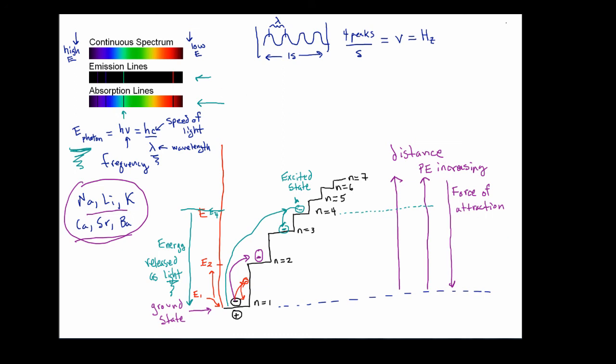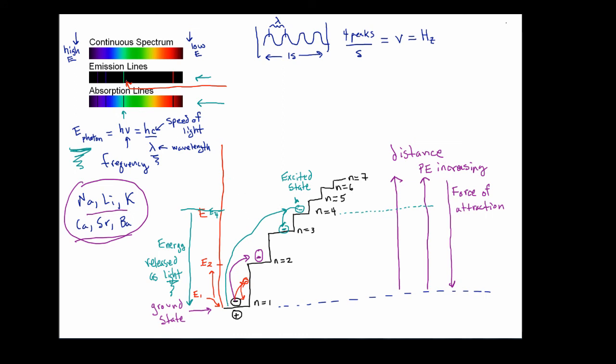Let me be more specific about it. I'm going to draw an arrow to it. So you see the emergence, literally, of that band of light right here. And that is the light that is being released because the energy that was absorbed by this electron to move it up the cliff system to N4 is now released when the electron moves back down to N1.